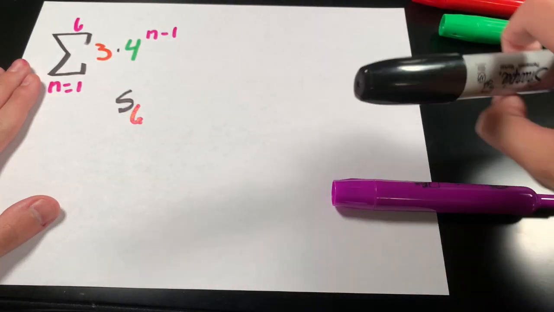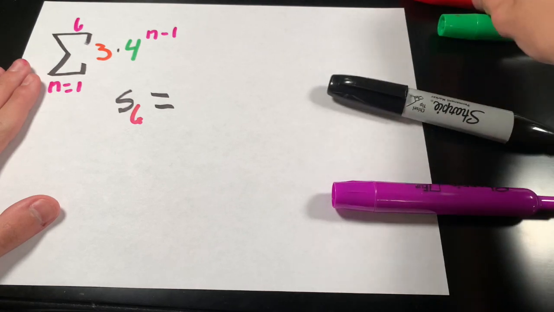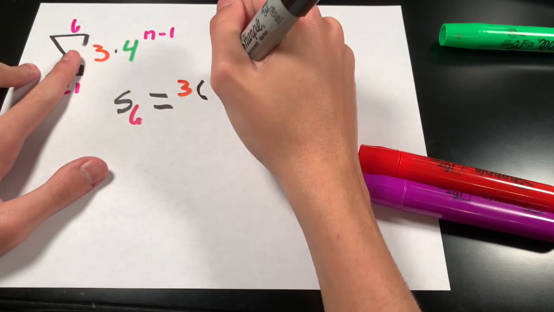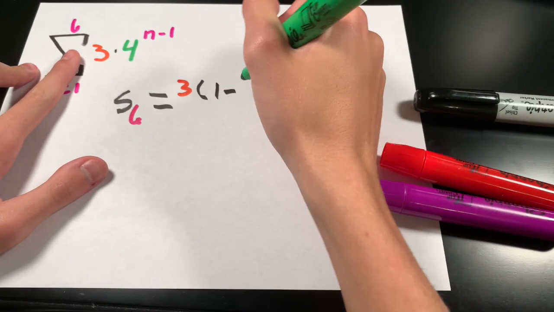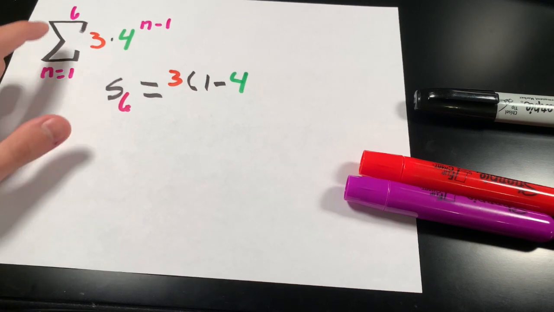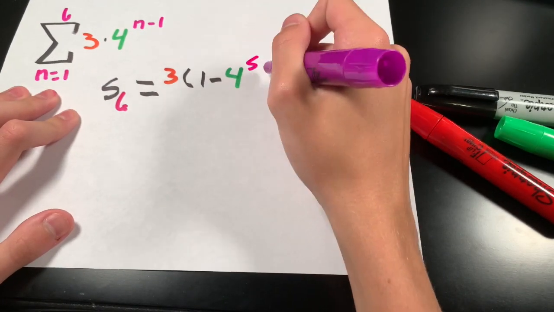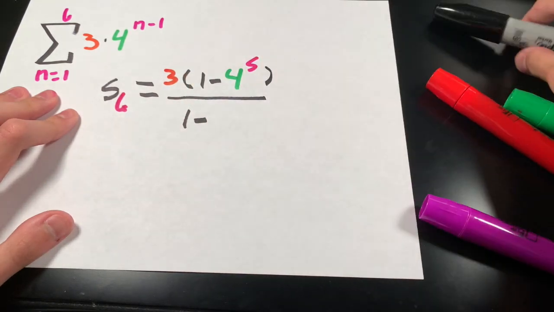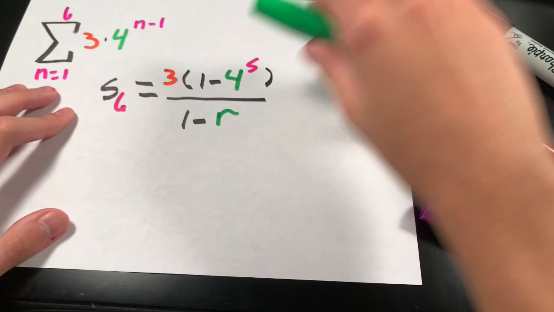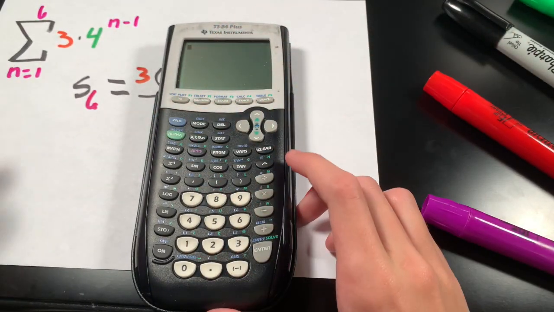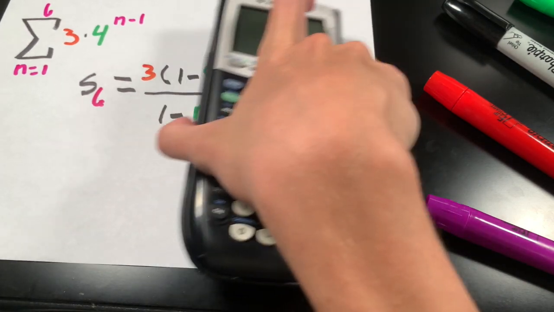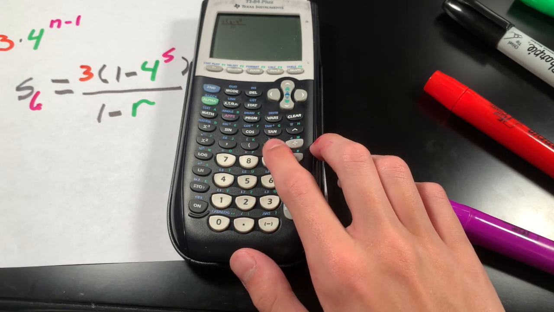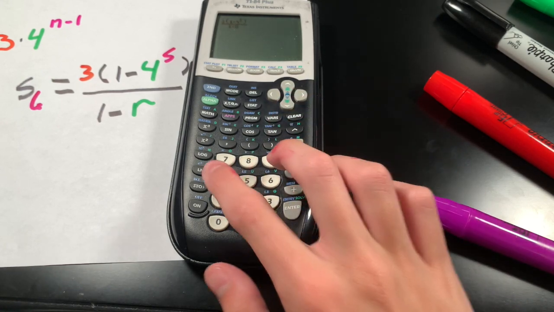So S of 6 equals our A1, which is 3, times 1 minus our rate to the n, which is 6, all over 1 minus R. If we plug this into our calculator, we have 3 times 1 minus 4 to the 6th, over 1 minus 4.